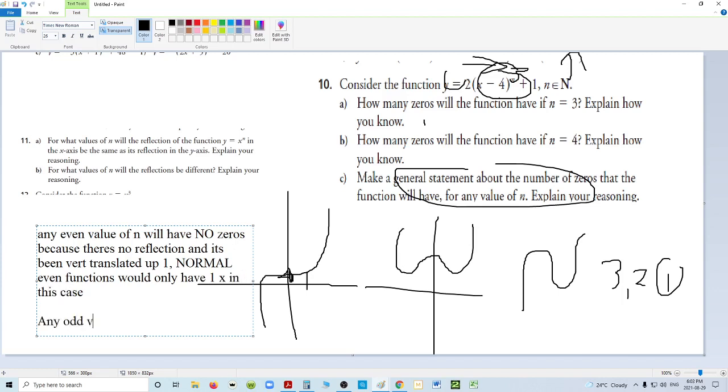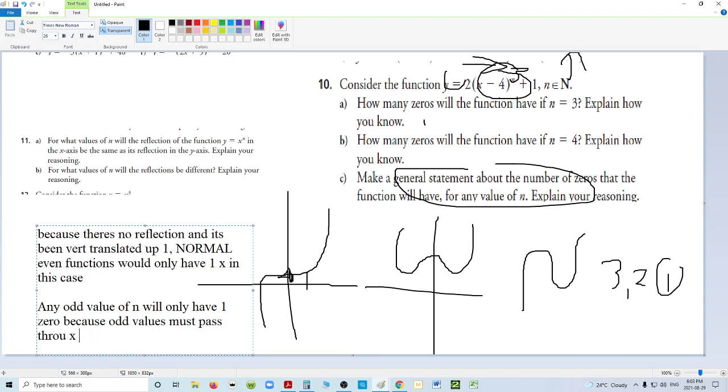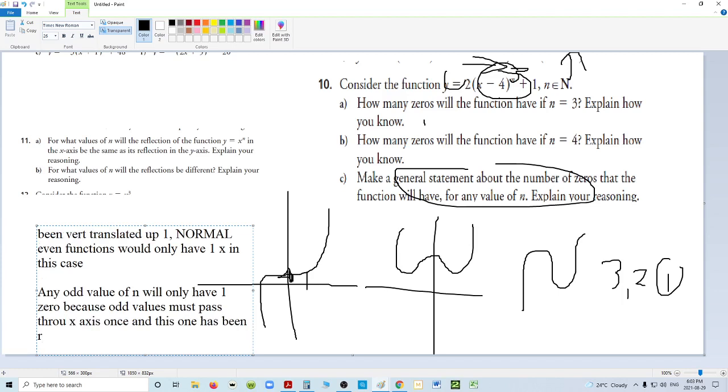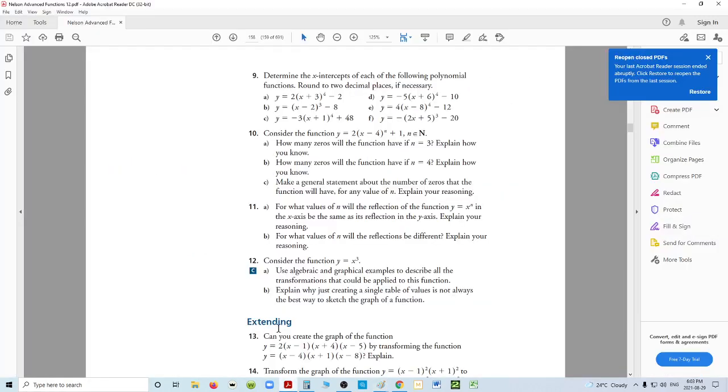Any odd value of n will only have 1 zero, because odd values must pass through the x-axis once, and this one has been raised. It's no exception, I guess. Raised once, lowered once, it doesn't matter.